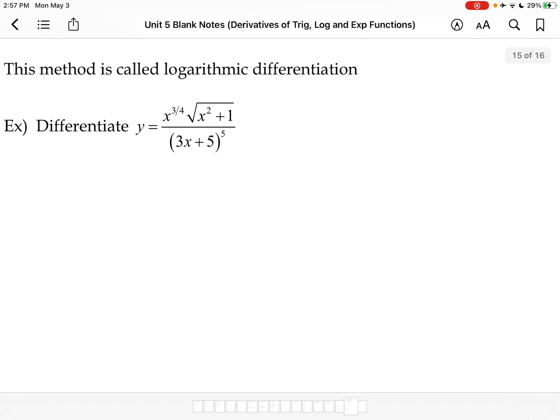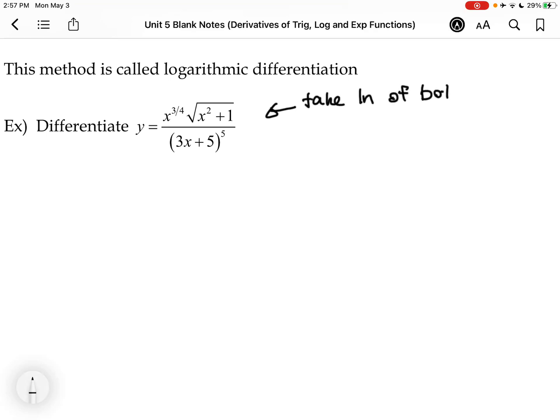And so what we can do instead is we can take the ln of both sides, and then try and break apart some of the right side of the function with all the x stuff in it a little bit to make something that's a little bit easier to differentiate.